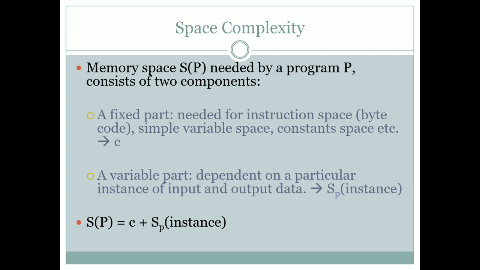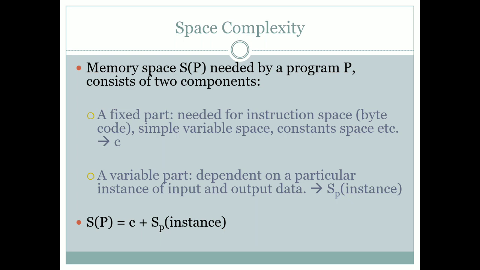If n is equal to 2, then that loop will be executed 2 times. If n is 5, that loop will be executed 5 times. So that is a variable thing, and all such things will be considered in the variable part.